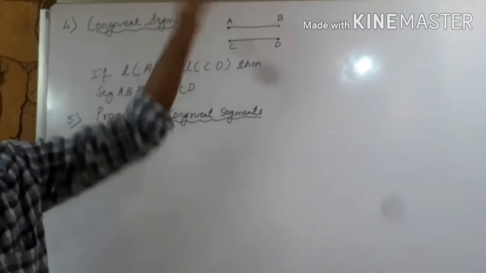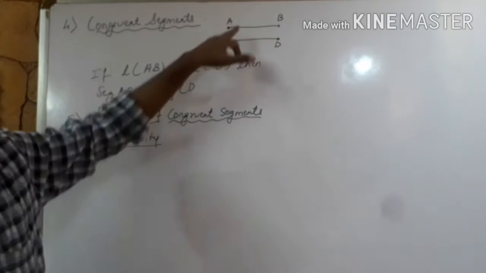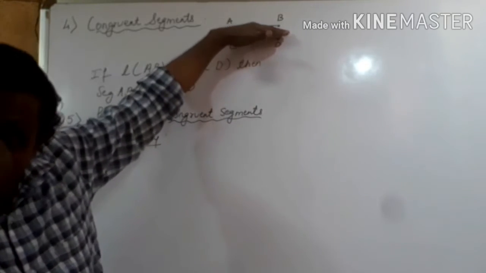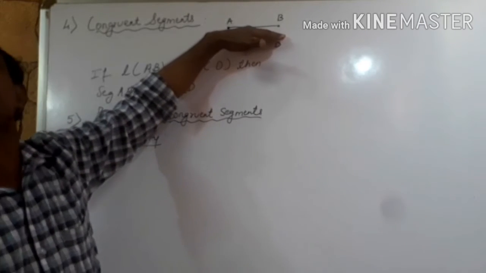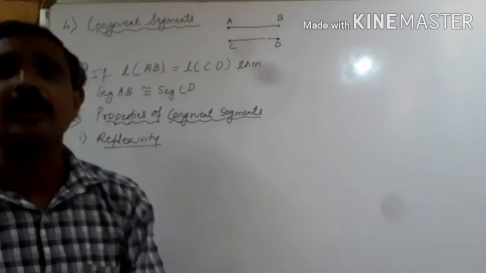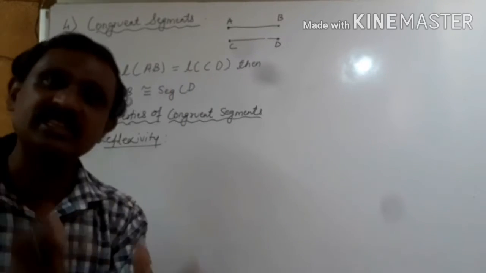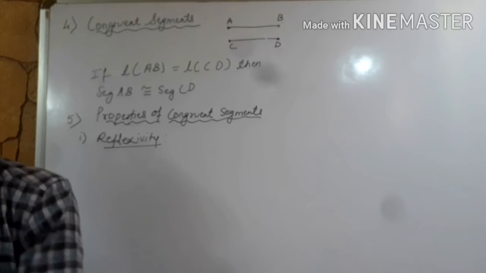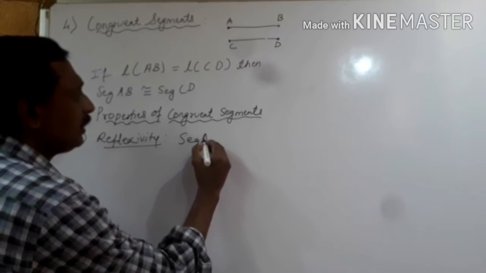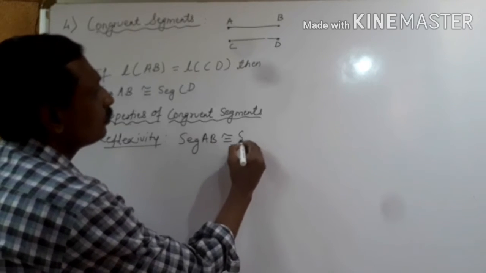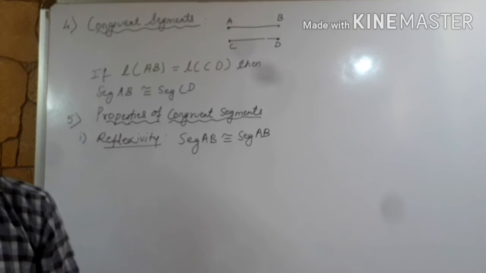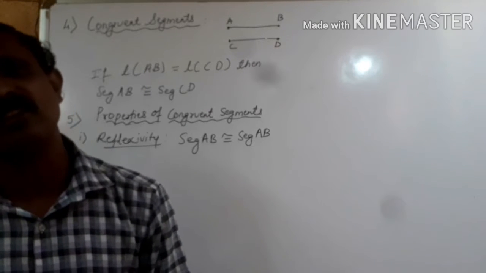Reflexivity, the same reflection we get. Segment AB is congruent to itself. When the same segment is congruent to itself, that is segment AB congruent to segment AB, we say that it is a property of reflexivity.